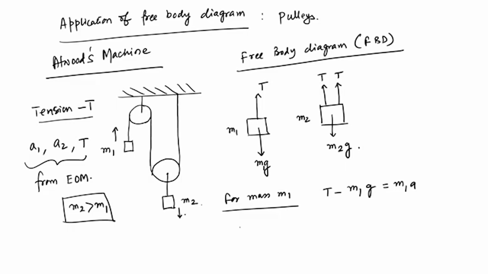And for mass M2, one has 2T minus M2G equal to M2A2.